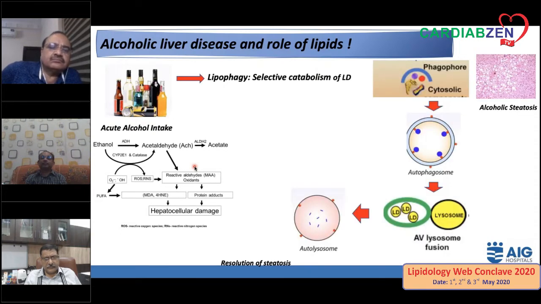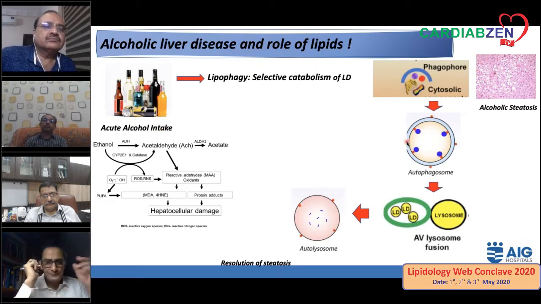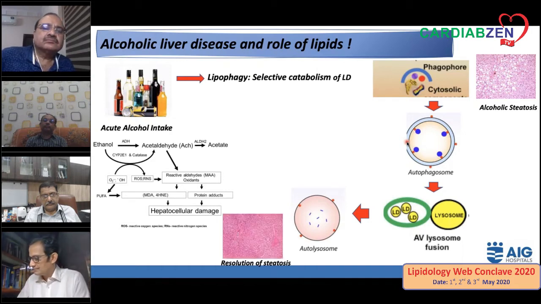These lipid droplets are attracted by a membrane called phagophore, which leads to an autophagosome, which is a bilayered membrane, and then the lysosomes get attached to it, and the lipid droplets inside the autophagosome undergo lysis, forming the autolysosome. Therefore, when somebody acutely takes alcohol, there is accumulation of fat, but the body's first defense mechanism is to try to get rid of the fat, and in the majority of cases, there is a resolution of the steatosis.